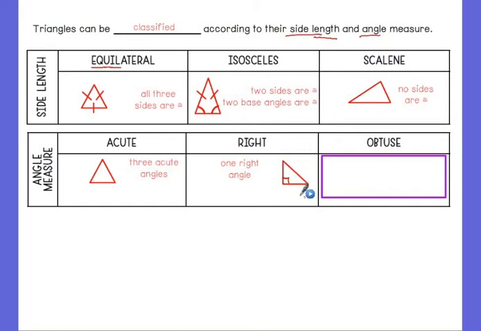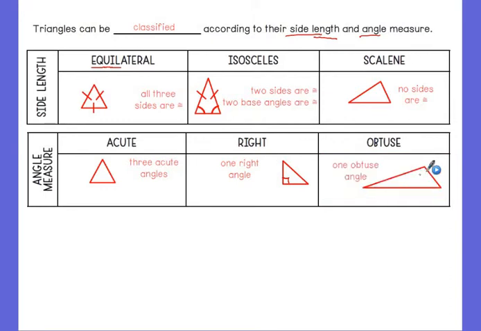So that means these two would have to be acute, and you would have one right angle. And lastly, our last triangle has to have one obtuse angle. There's your obtuse angle. And then the other two would have to be acute.